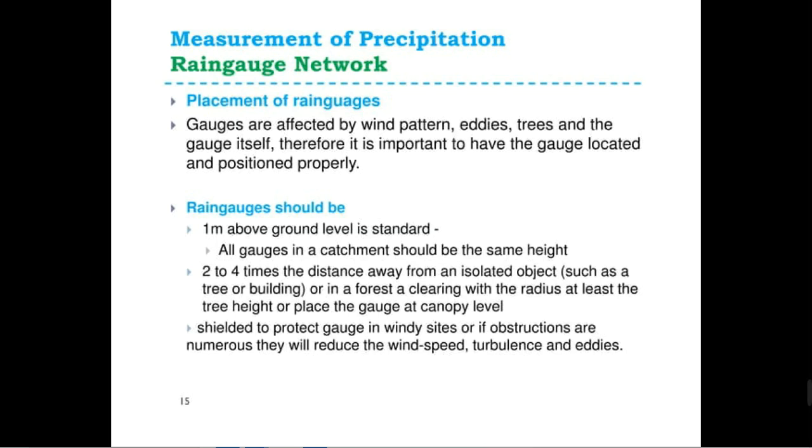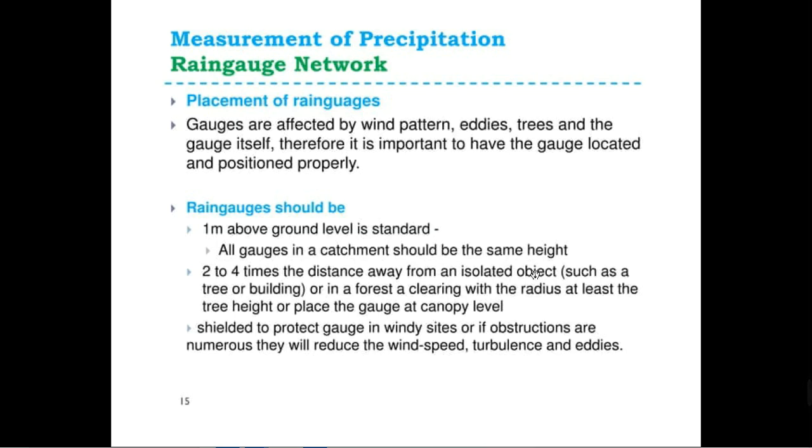The rain gauges should be 1 meter above ground level as standard. All gauges in a catchment should be the same height, at 2 times the distance away from an isolated object such as a tree or building. In a forest clearing, the radius should be at least the tree height, or place the gauge at canopy level.